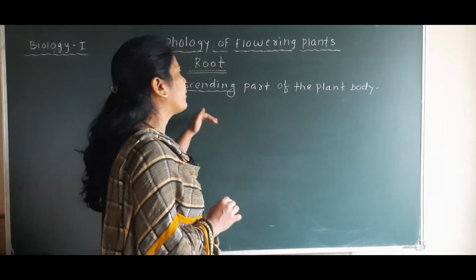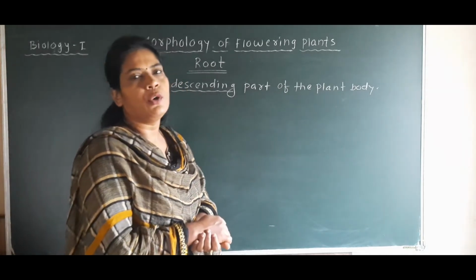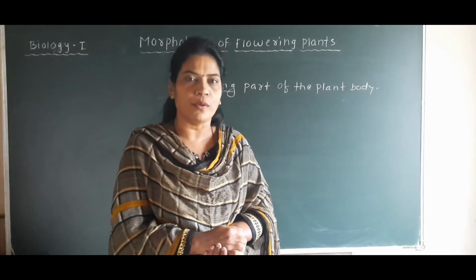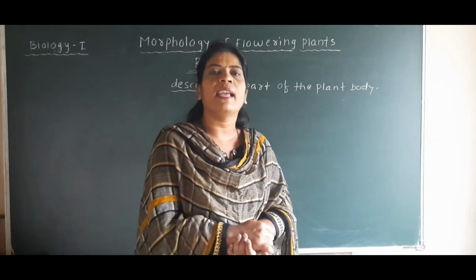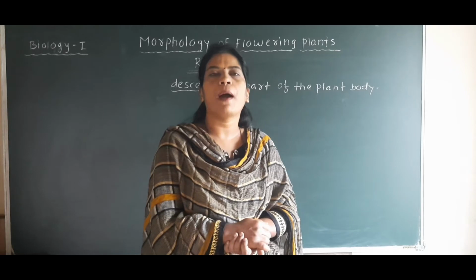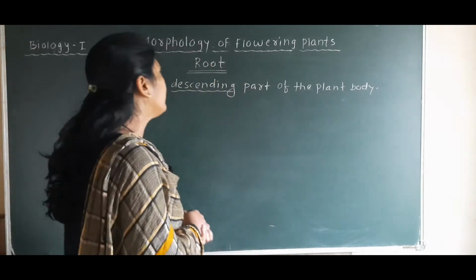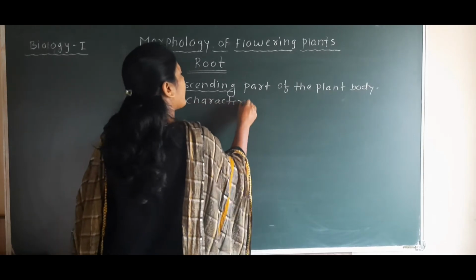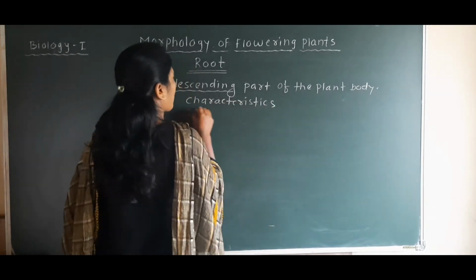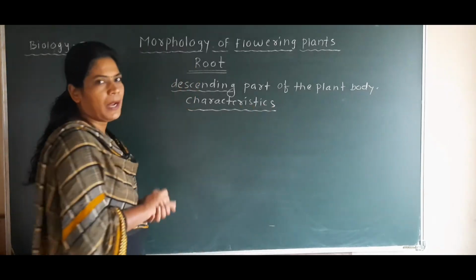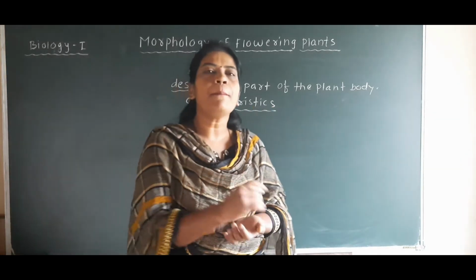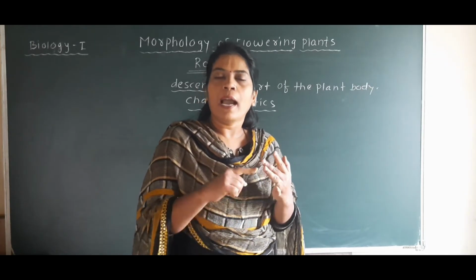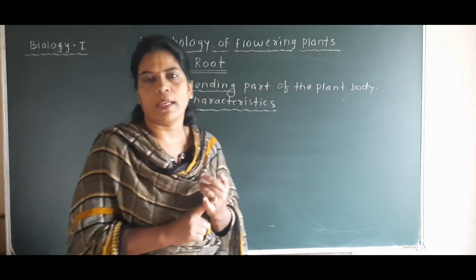So the descending part of the plant is called the root. There are some important characteristics of the roots, due to which they are different from the other parts of the plant. Now we have to discuss which are the characteristics of these roots by which they differ from the other parts of the plant. So the important points are that roots always grow towards the soil.